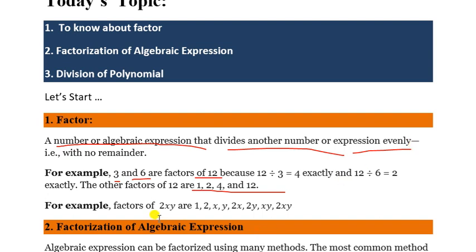And see, for a monomial, it is also easy to find factors. How? Take 2xy. We know 1 is a common divisor for all numbers, so 1 will come. And the given number itself is also a factor of that number.